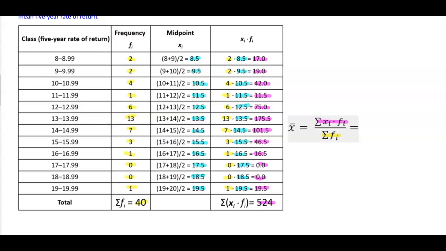So we know that the numerator is going to be 524, and then we're going to divide that by the denominator, which is 40.